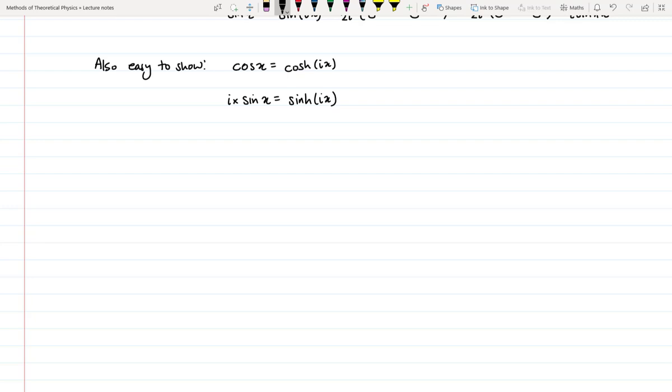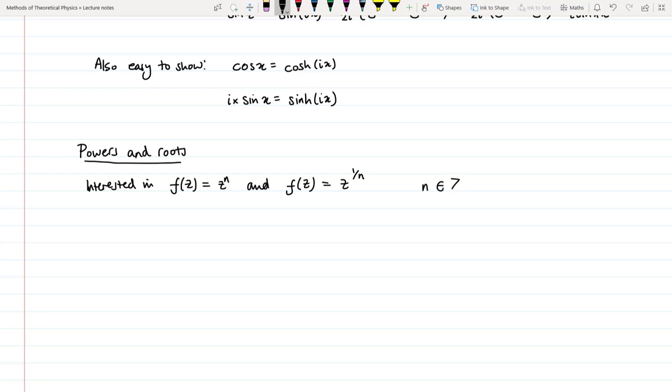Next, we're going to talk about powers and roots of complex numbers. We're interested in functions like f of z is z to the n, and f of z is z to the 1 over n, where n is an integer.